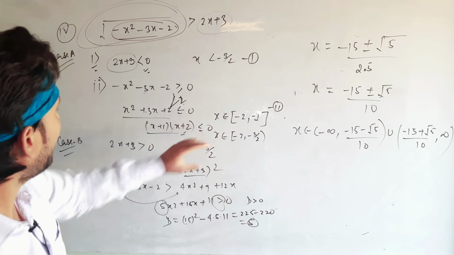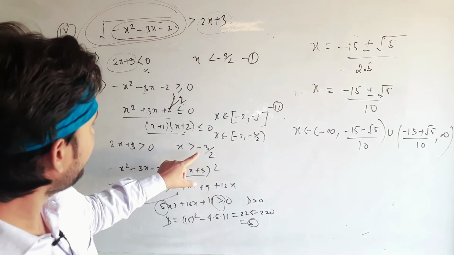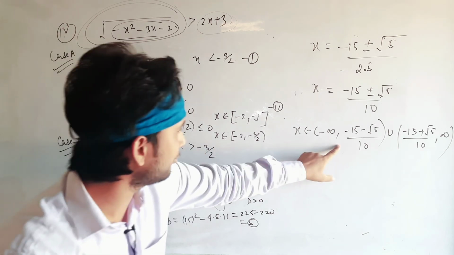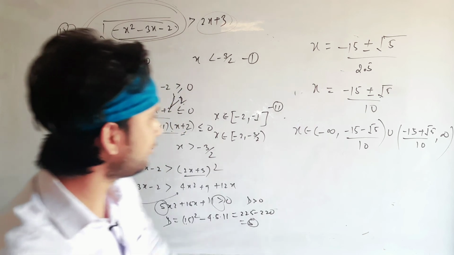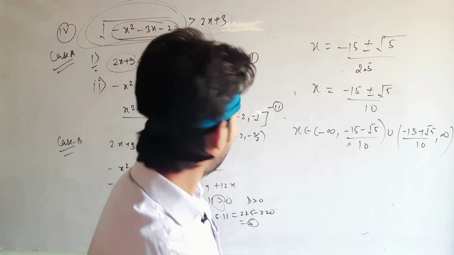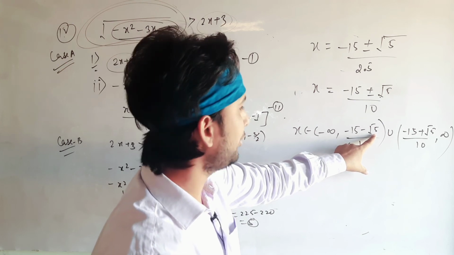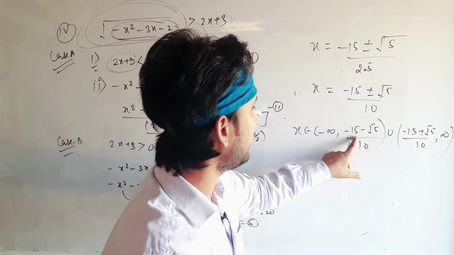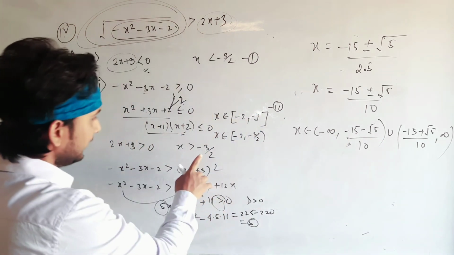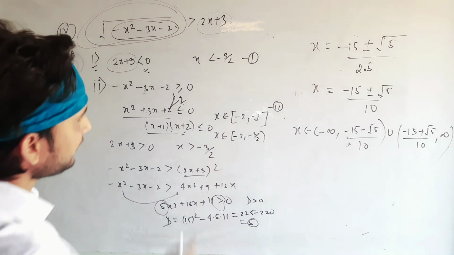We have to take the intersection between these two conditions. This is smaller than minus 3 by 2, because root 5 is around 2, so minus 15 minus 2 is minus 17. It means minus 1.7, which is less than minus 3 by 2.